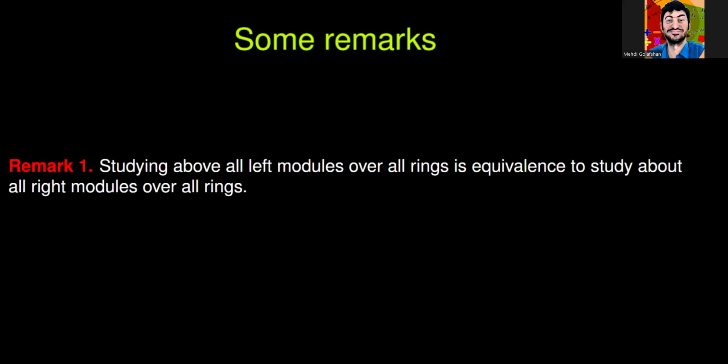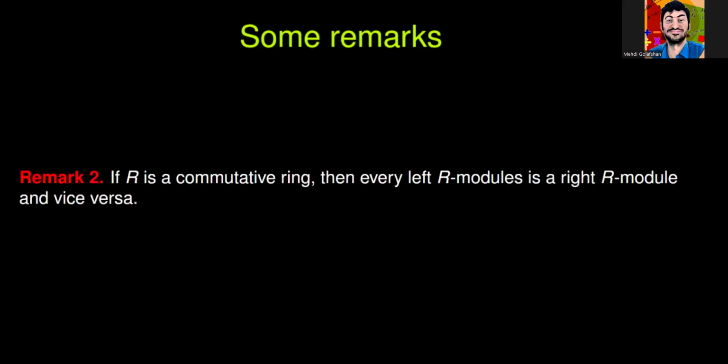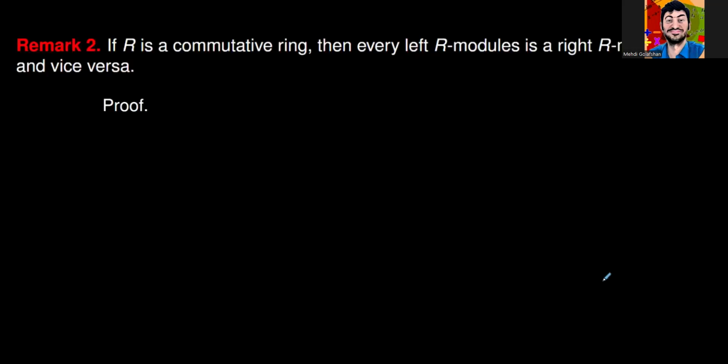And one more remark. If R is a commutative ring, then every left R module is also a right R module and vice versa. Let's prove it together, it is simple. Let me start with the left R module.